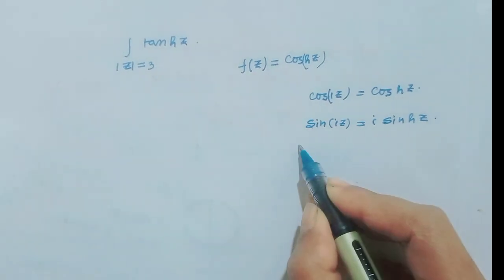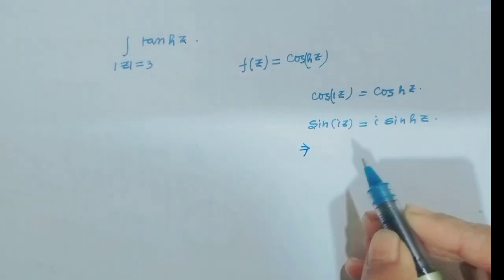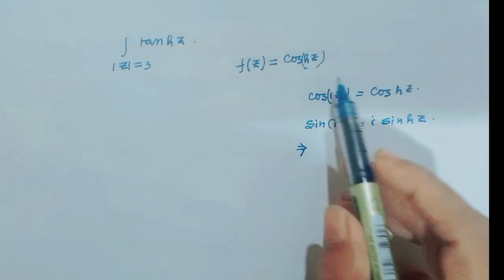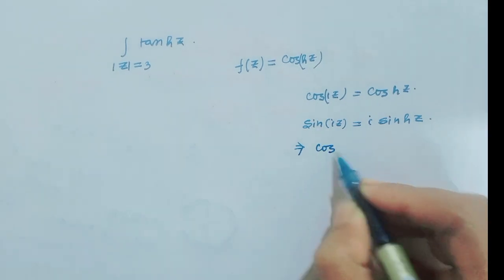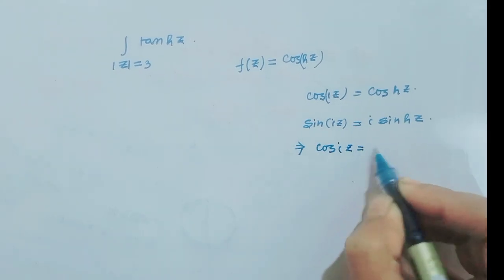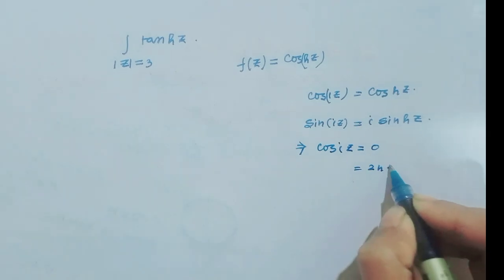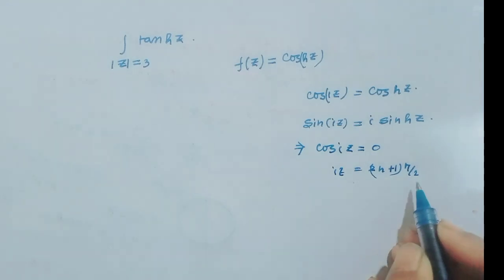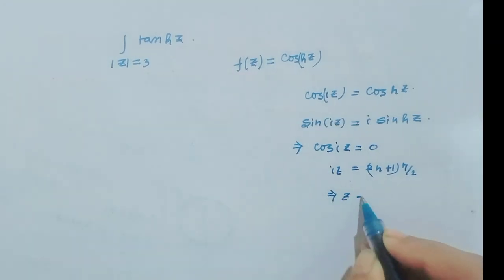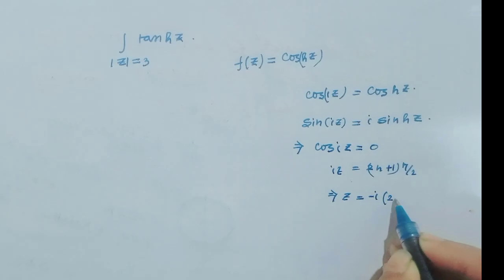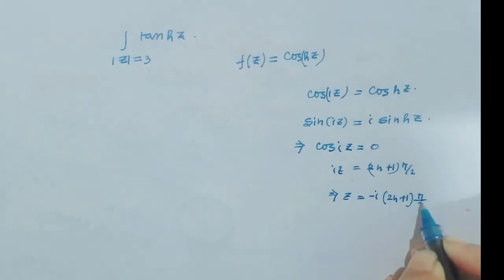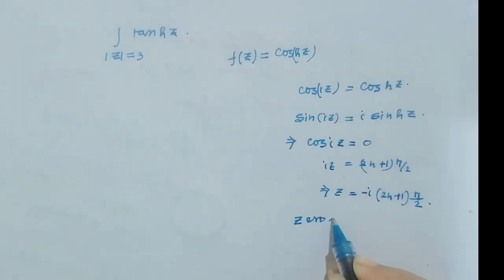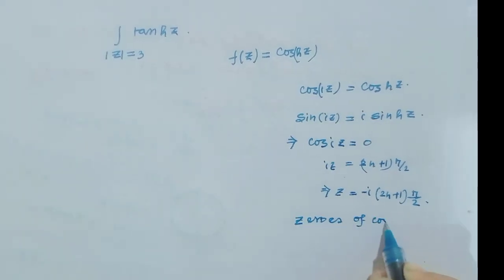Then zeros of cos hyperbolic z: cos iz equal to 0. This is equal to 2n plus 1 into pi by 2. This is equal to iz. iz equal to 2n plus 1 into pi by 2. That means z equal to minus i times 2n plus 1 into pi by 2. This is the zeros of cos hyperbolic z.